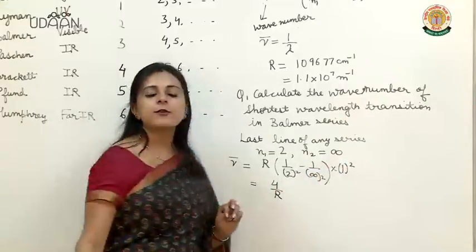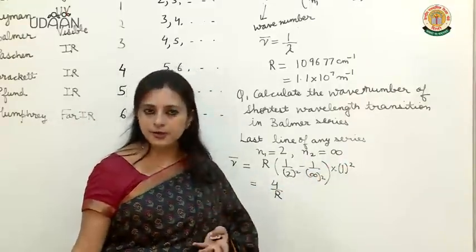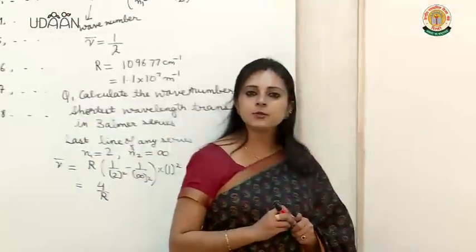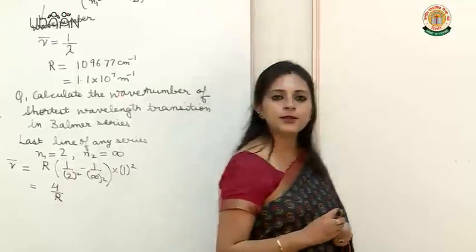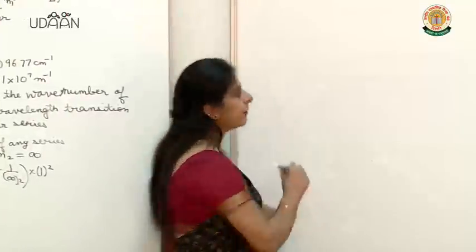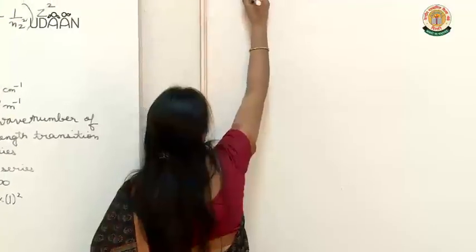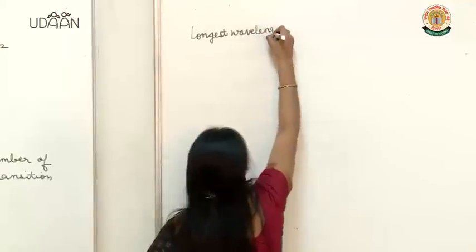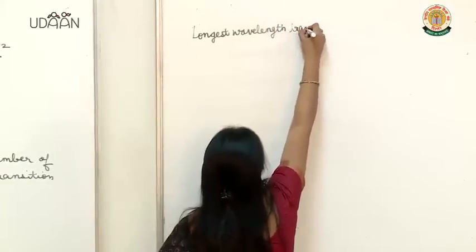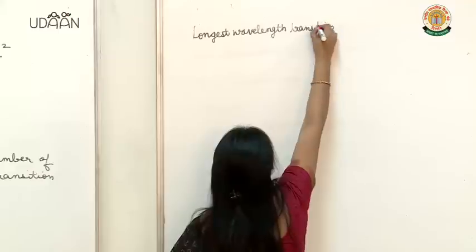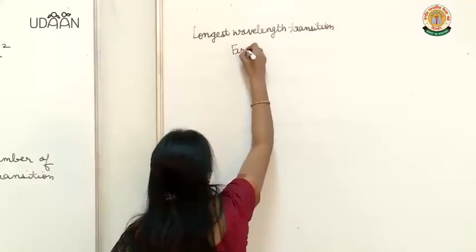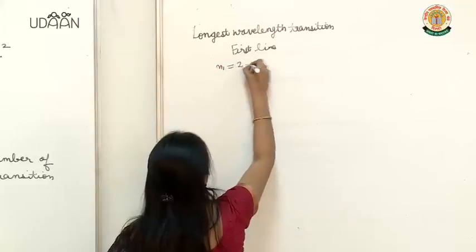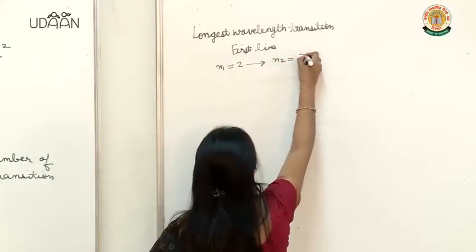Now suppose I have to find out the wave number for the longest wavelength transition. Longest wavelength transition corresponds to the first line of any series. Let me find out the longest wavelength transition in the Balmer series. It will correspond to the first line, and for the Balmer series the first line would be n1 equal to 2, n2 equal to 3.